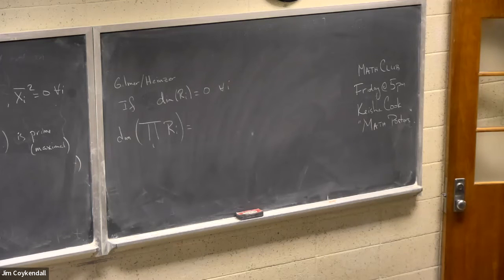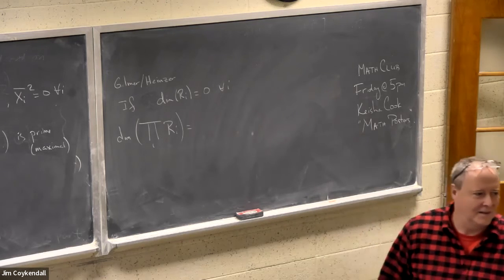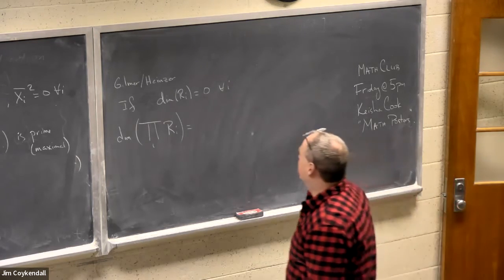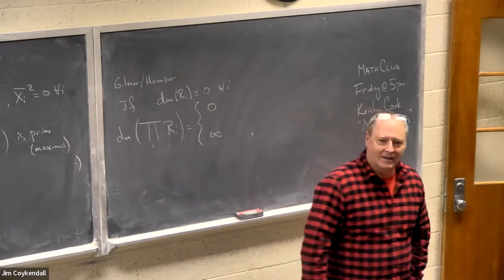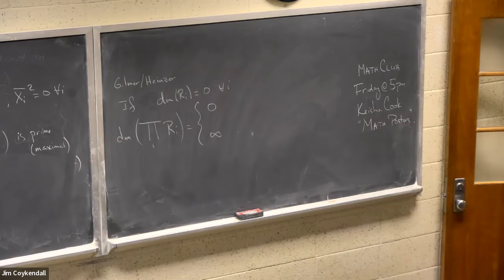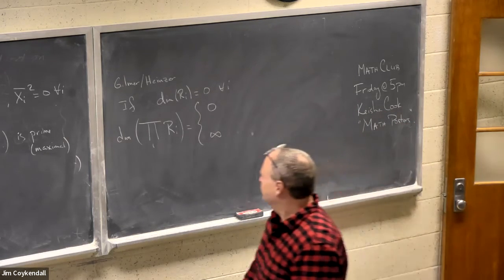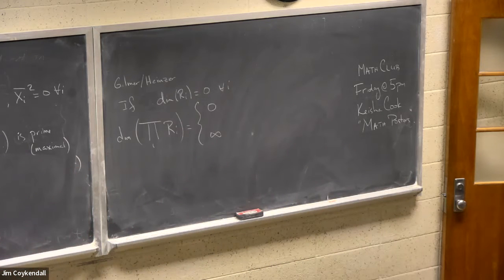So what happens when you take a direct product of 0 dimensional rings? What do you get? It's either 0 or infinity. No middle ground at all. And actually, if that's a finite direct product, it'll always be 0. And sometimes a direct product can be 0 dimensional even if it's infinite, but that's bananas.